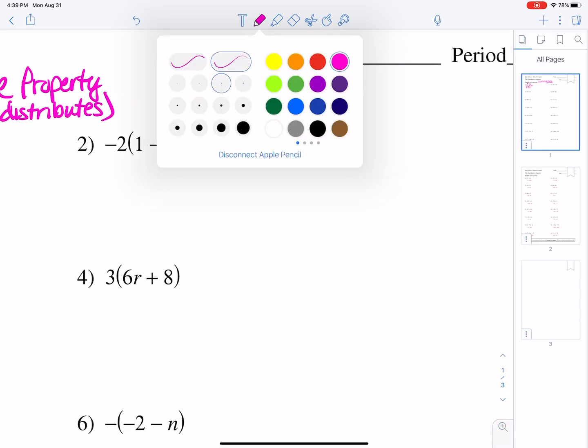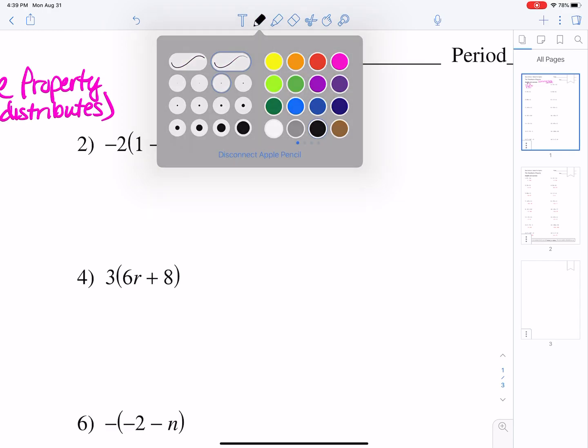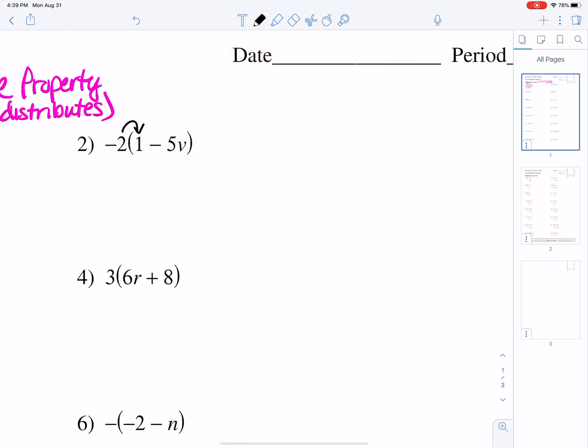On this problem, we are going to have to think about our negative numbers. So this one becomes negative 2 times 1 minus negative 2 times 5v. Please again note that this negative is right here. So this becomes negative 2 minus negative 10v.